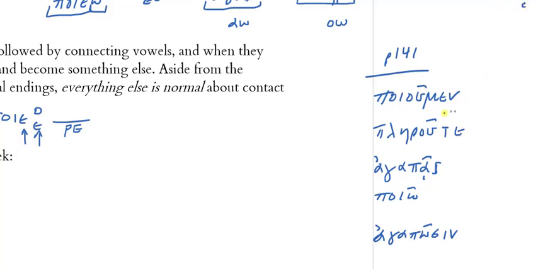Poioumen, what is the person and number of the personal ending here? It's first person plural, right? Men. And then for now, everything is present active indicative. Yes? Okay. So this means we do something.